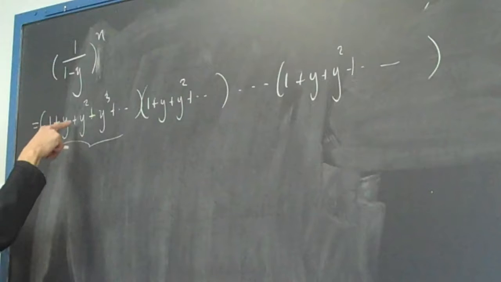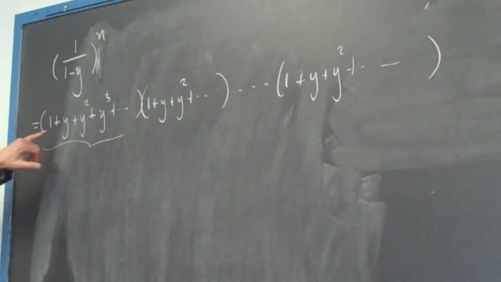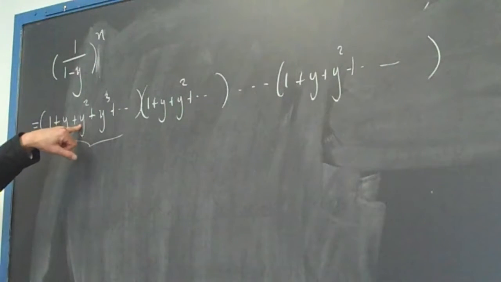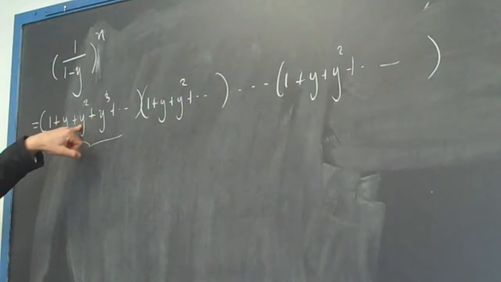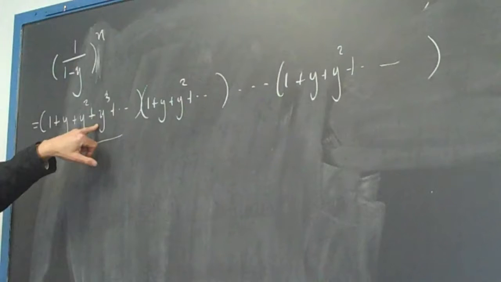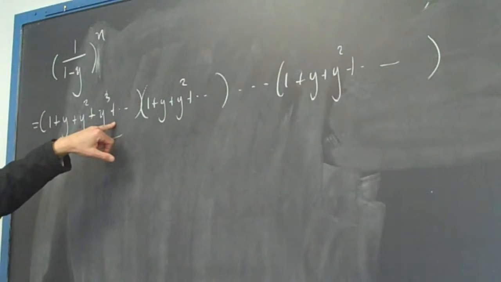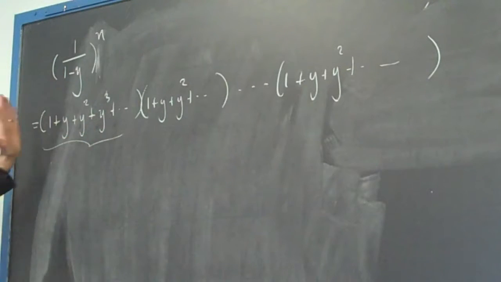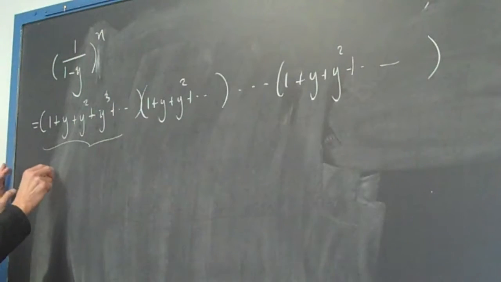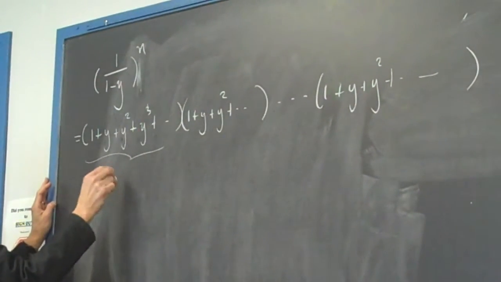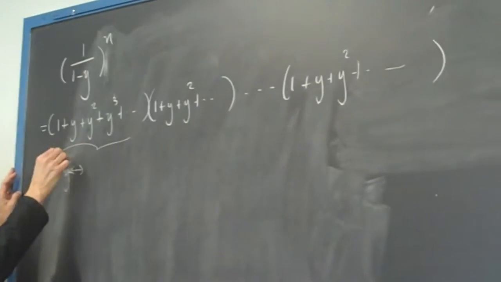So what do I mean by 4 things? Yes, pick the first thing. Oh, yes, pick 2 of the first thing. Yes, pick 3 of the first thing. Pick 4 of the first thing, whatever you like, right? Keep doing that. So y to the k corresponds to, well, let's not make it k, let's make it m.